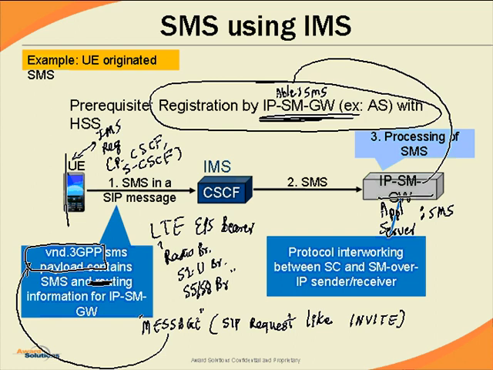Now it will find its way. This is SIP signaling, and if you recall, SIP signaling is treated like user traffic. And this traffic will go to the eNodeB, and then the serving gateway, and the PGW.